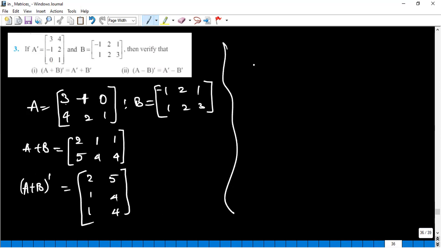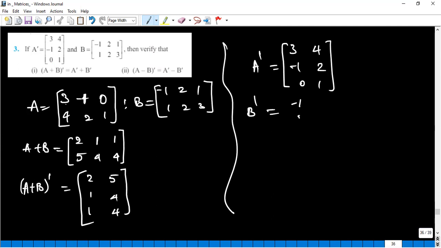Now, they have already given A transpose, so no problem: 3, 4, -1, 2, 0, 1. Let us find out B transpose. B transpose is -1, 2, 1, 1, 2, 3.